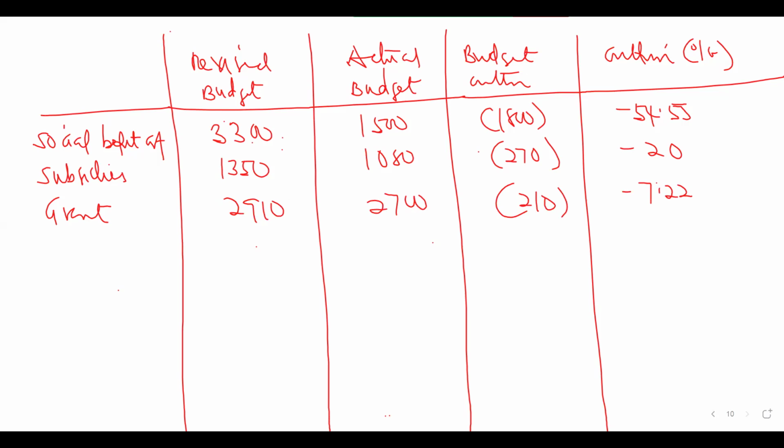Other expenditure. We have other expenditure. Okay. What are we having? 32,000. Okay. Against what? 34 and 20.